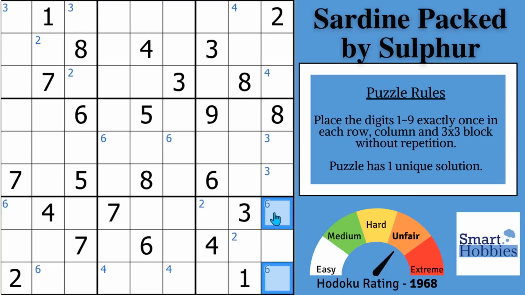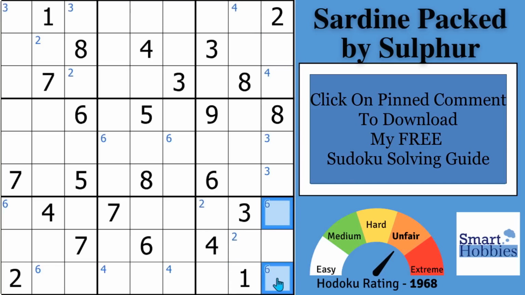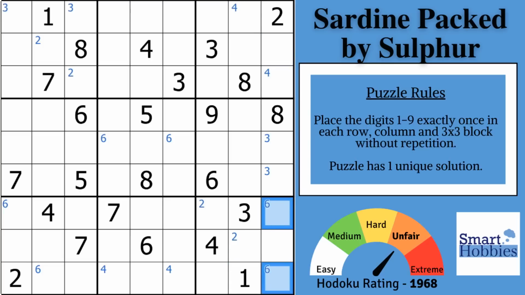Since the 6 is restricted to these 2 cells in the same column, a 6 cannot appear anywhere else along this column. So you can't put a 6 here or here anymore, otherwise there's no place to put a 6 in block 9. You can learn more about pointing pairs in my free Sudoku solving guide. What it does is restrict the 6s to these 2 cells in block 3.